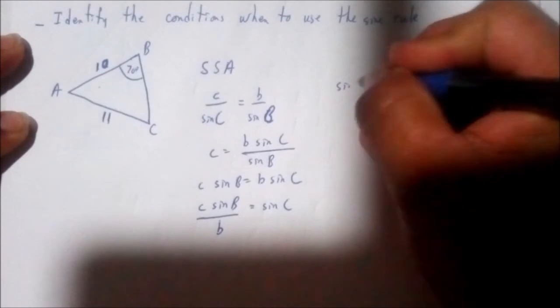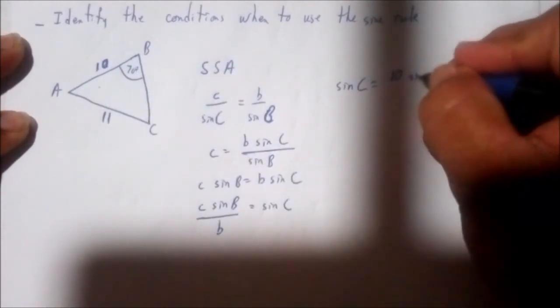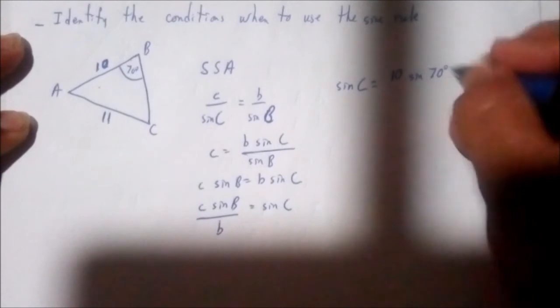Notice what we did: side, side, angle, and at least the angle is opposite to one of the sides, so therefore the sine rule can apply. All right, let me do a substitution. We have now that sine C equals length c, which is 10, times sine B, which is 70 degrees, over length b, which is 11.